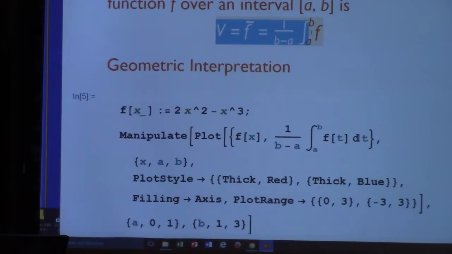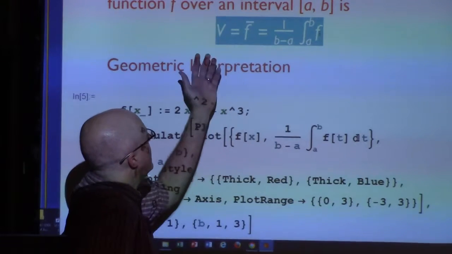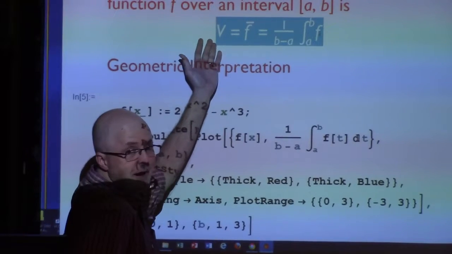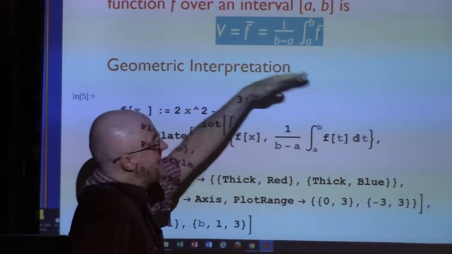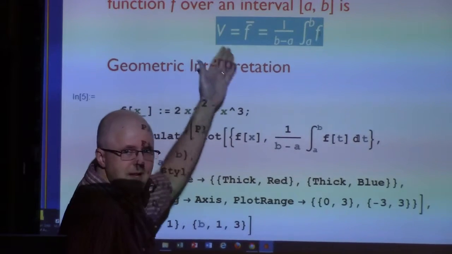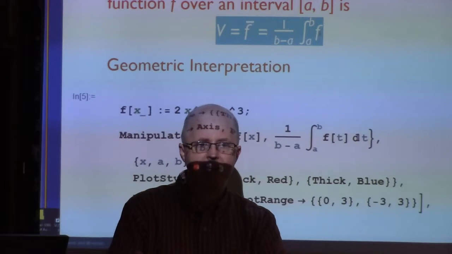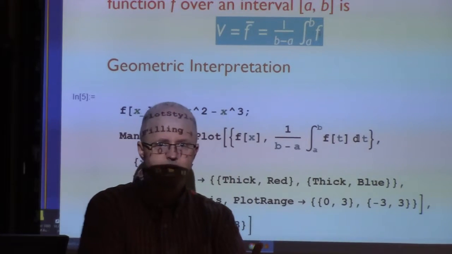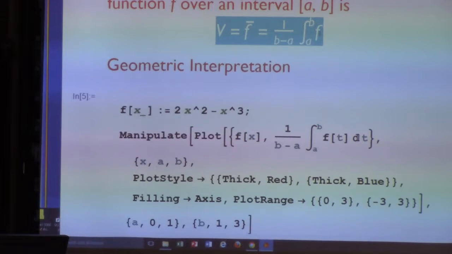If I multiply both sides of this equation by b minus a, I could write the equation as v times b minus a equals the integral. So the area under the graph is the same as v times b minus a. Well, b minus a is the base of the rectangle over the interval from a to b. V would be the height of a rectangle with the same area.